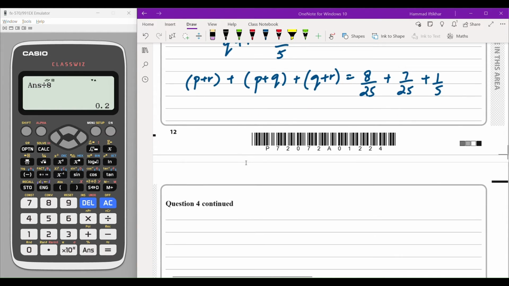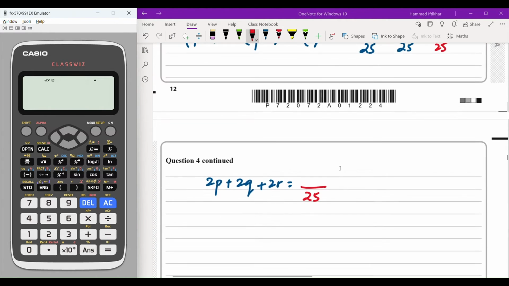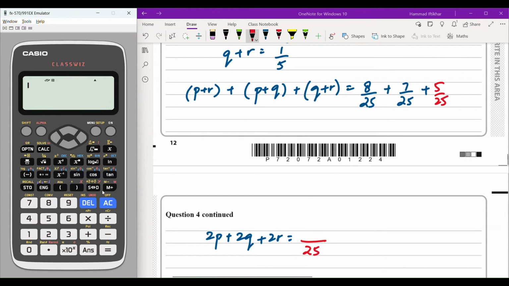So when we expand this, you see this becomes 2P plus 2Q plus 2R equals, now if we want to change the denominator, this is going to be 5 over 25. So divided by 25, and then 8 plus 7 plus 5, that is 20. And that is indeed 4 over 5. So that's shown.